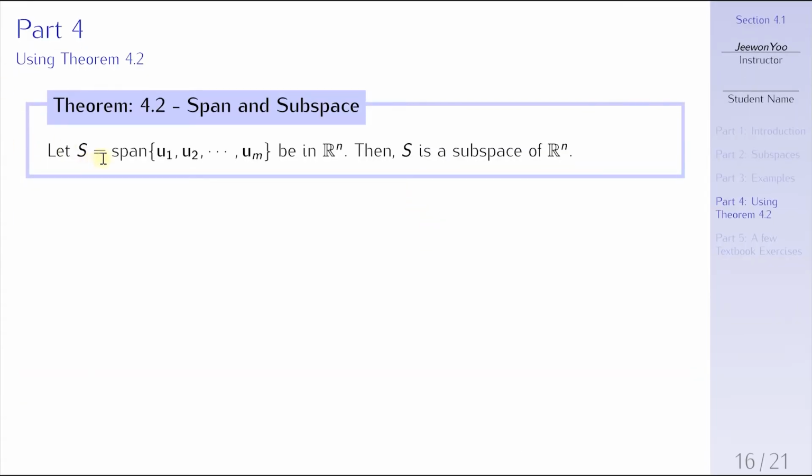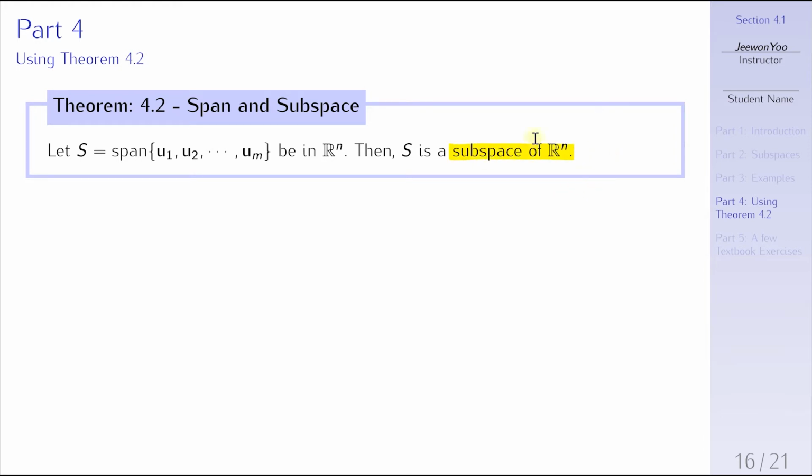Let S equal the span containing the vectors u1, u2 up to um in the Euclidean space Rn. Then the conclusion of the result is that S is a subspace of Rn.